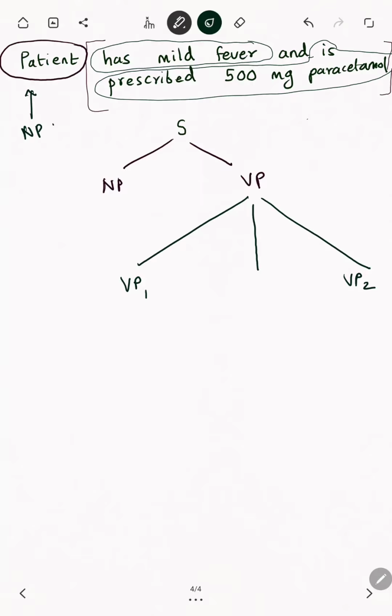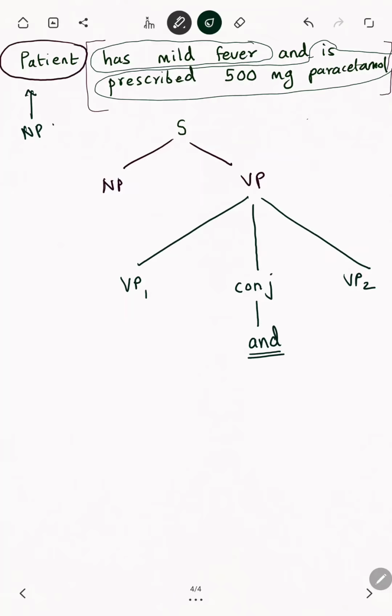So and will be the leaf, right? Whatever is directly there in the sentence will be the leaf node, and just before that, its parent will be its part of speech, that is conjunction, and then we will have this leaf node, that is and.